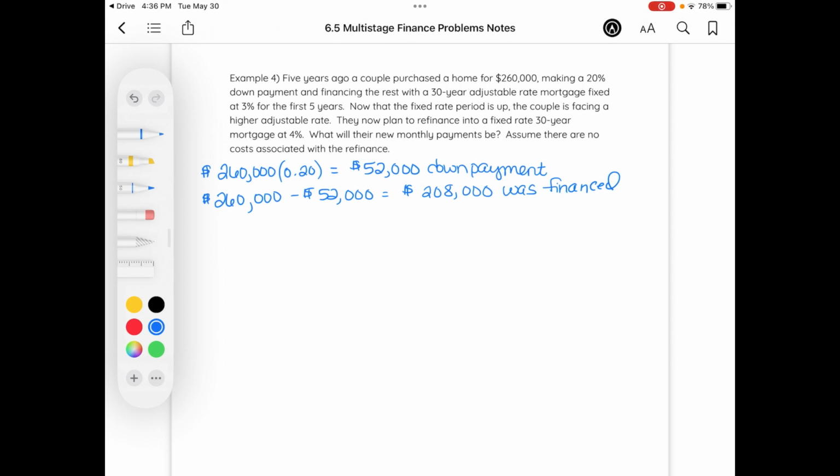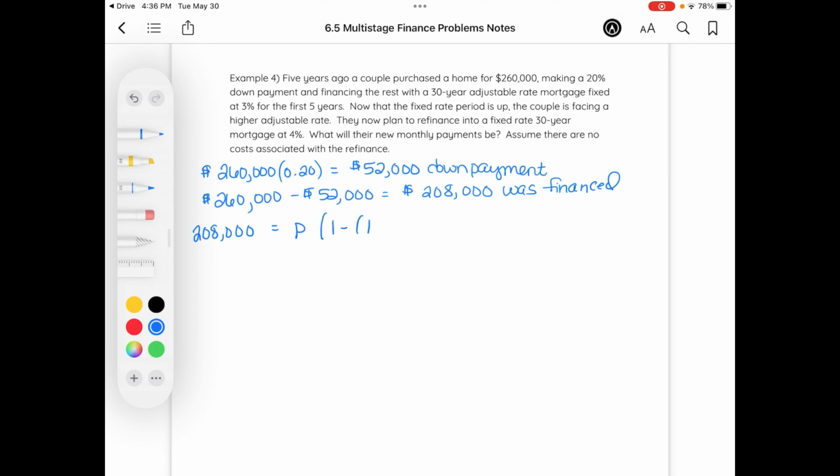Now we need to find the amount of payments we're going to use to pay down that loan. So we'll use the loan amortization formula to help us do that portion. So I know that I have $208,000 financed. I don't know what my payments are, but I'm going to find that.